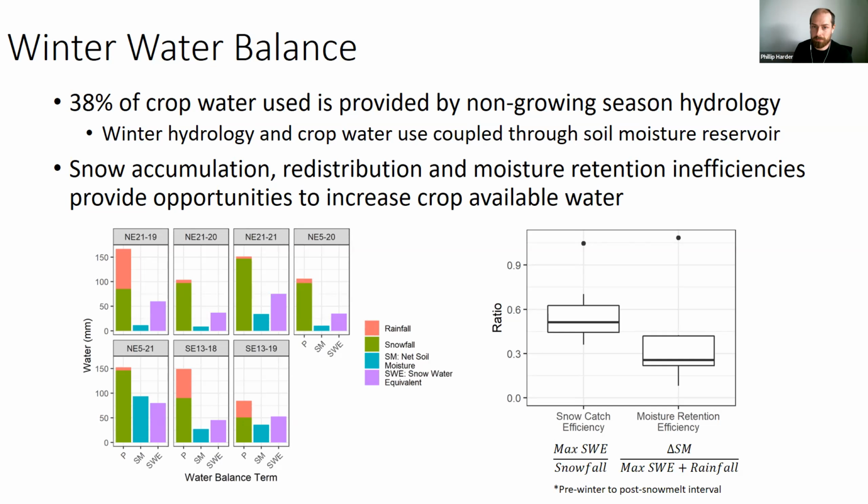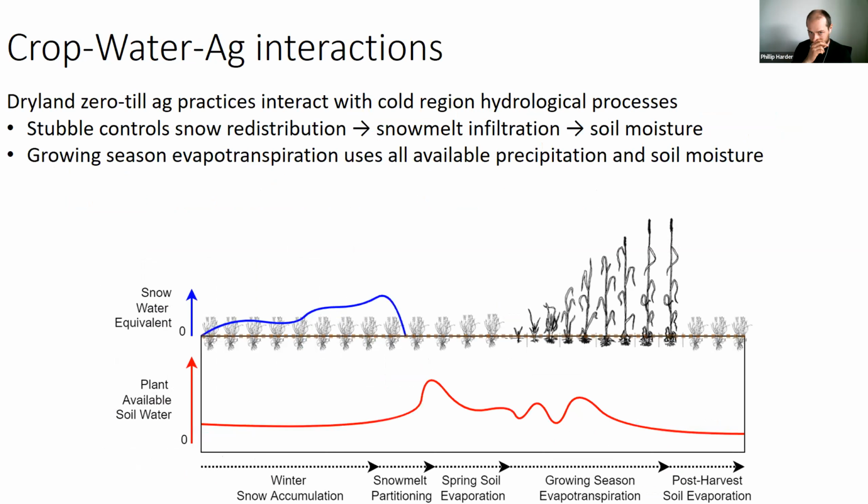crop productivity moving forward. So conceptually, when we want to talk about crop water interactions, we need a bit of a conceptual model. And so if we go over the course of the year, we have snow accumulation in the wintertime, then comes snowmelt partitioning. So we have a certain amount that actually makes it into the soil, some of it runs off. And then we've got this period of time where we've got springtime soil evaporation, where we lose some of that soil moisture.